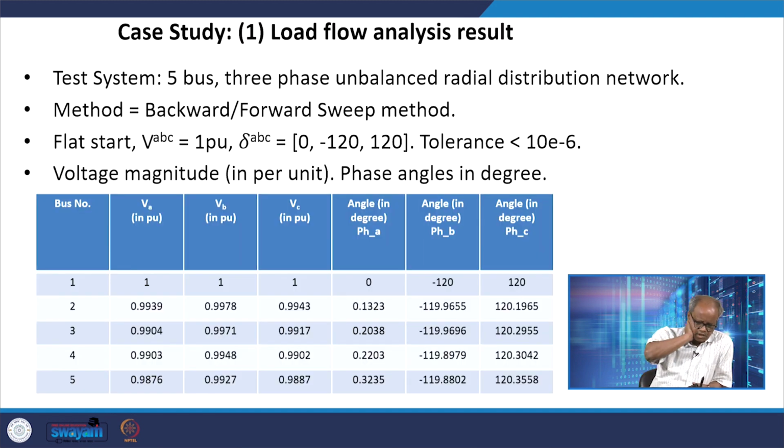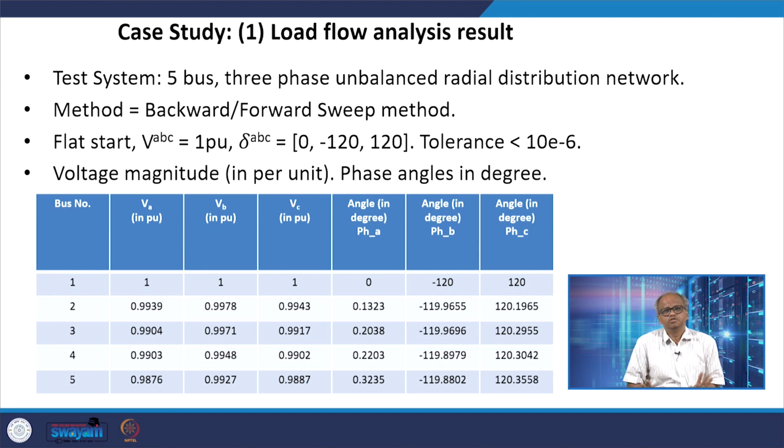With this, now we have to take the measurements. For measurements, because we do not have any physical measurement, we first compute the load flow analysis of this system, right.